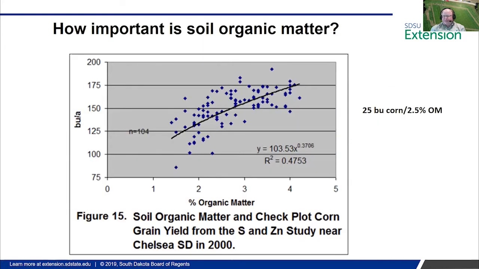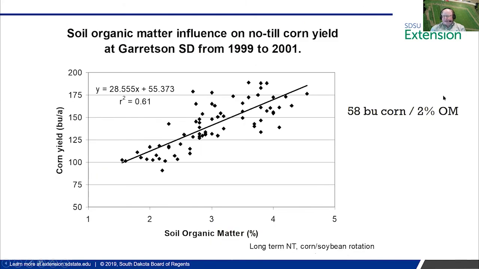Here we're at Chelsea, South Dakota, 25 bushels for 2.5% organic matter. Here we're at Garrettson, South Dakota, 58 bushels for 2% organic matter. Okay, very, very impressive responses to organic matter, to carbon.